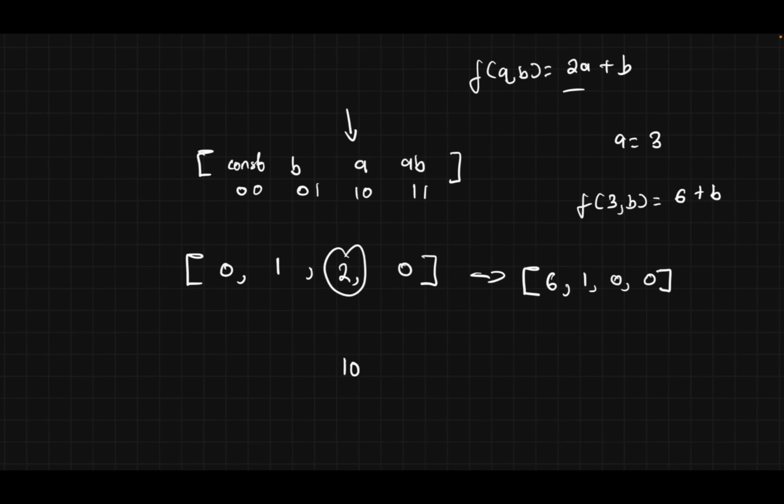You are concerned with A right now, and A is the first bit, right? So you are checking for where A is equal to 1, and you found it. Then you took out that value, you multiplied it by the value you want to evaluate at, so you got 6. Now to know where to put it, all you need to do is just set A, that's the first bit, to 0. Do you get?